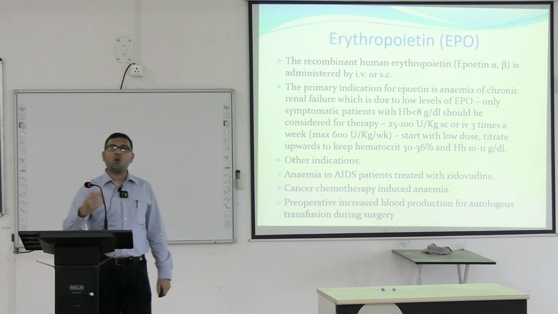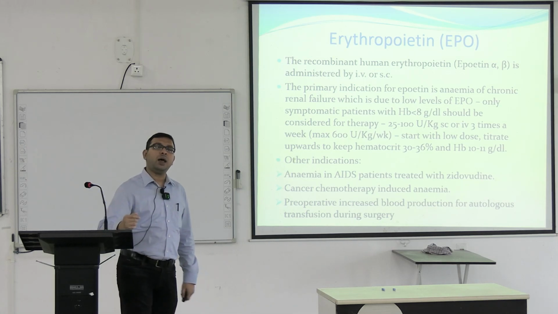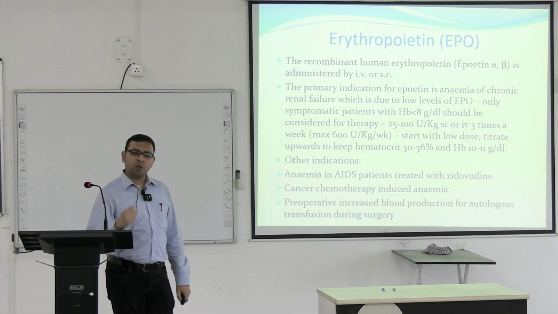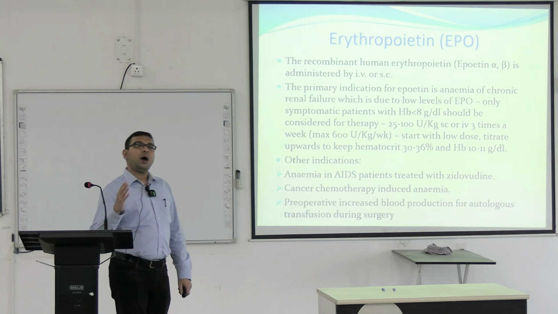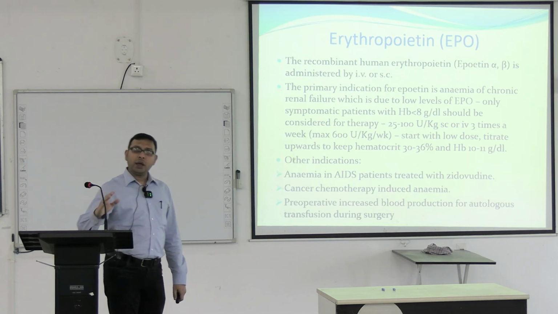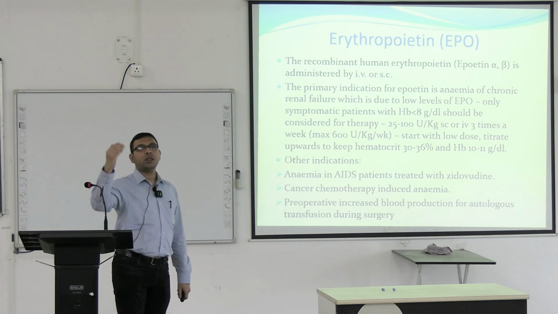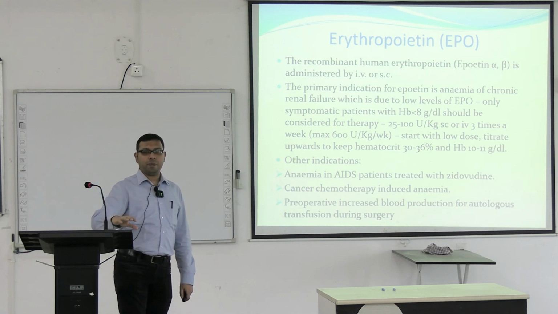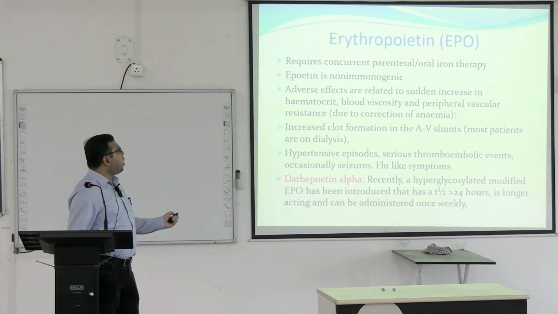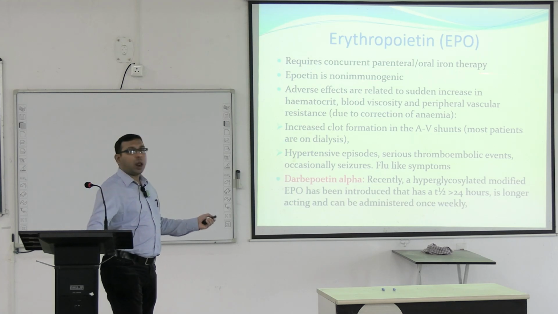In chronic kidney disease patients, we start with erythropoietin injections, usually subcutaneous, given 2 or 3 times per week, and then measure the hemoglobin and hematocrit. When it reaches approximately 10 to 11, we have to stop. It requires concurrent parenteral or oral iron therapy.